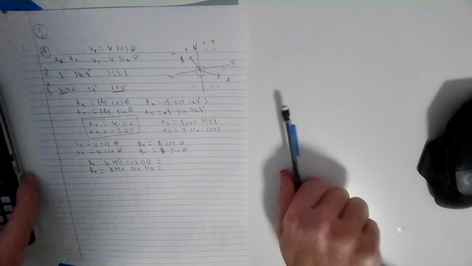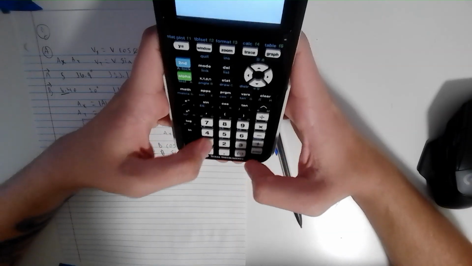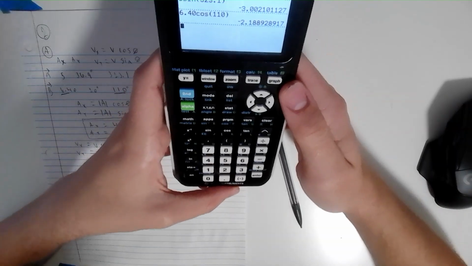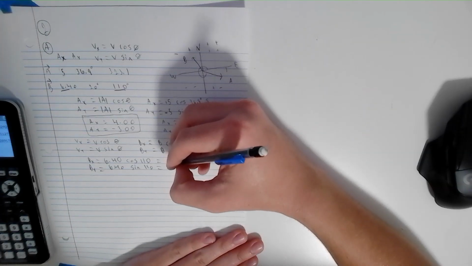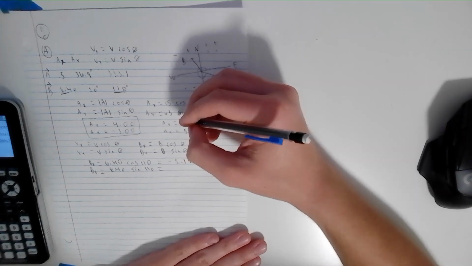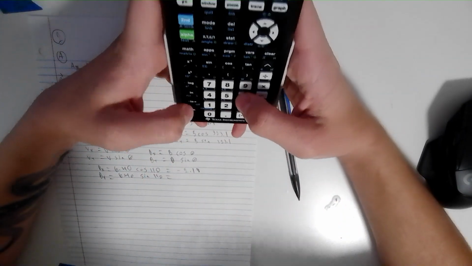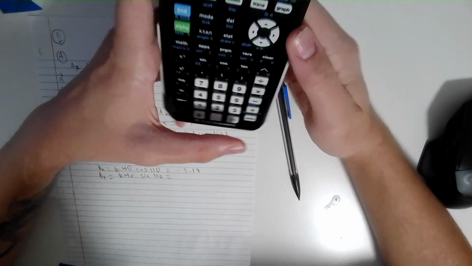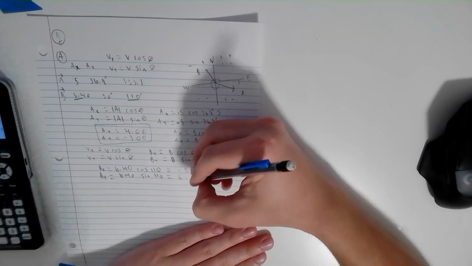And then if we just plug that into the calculator, 6.40 cosine 110, we are given negative 2.188, which we can round to negative 2.19. And then if we just type in the other one, 6.40 sine of 110, we're given 6.014, so we can just round that to 6.01.